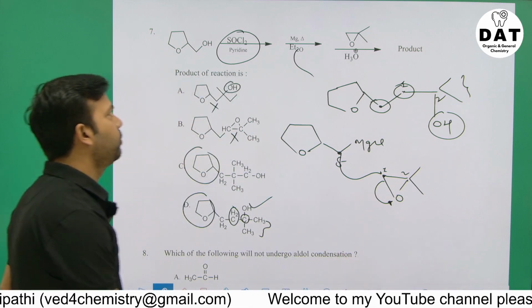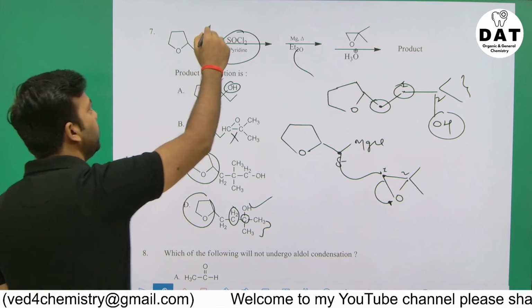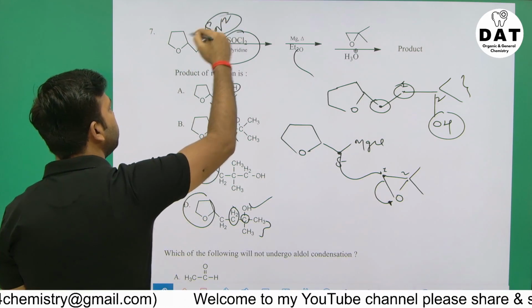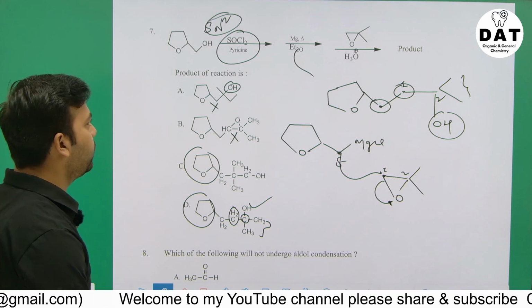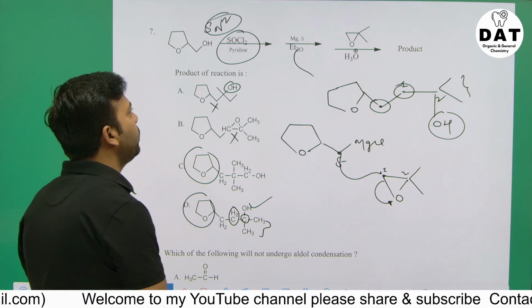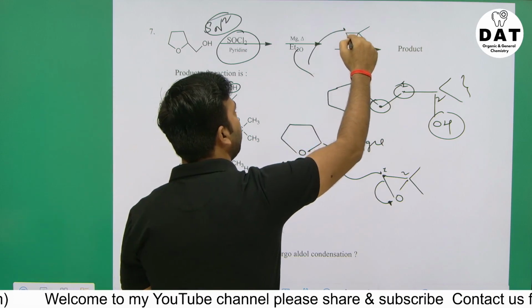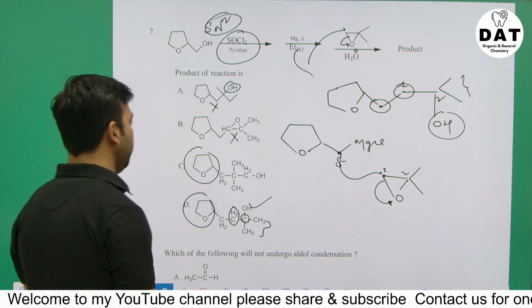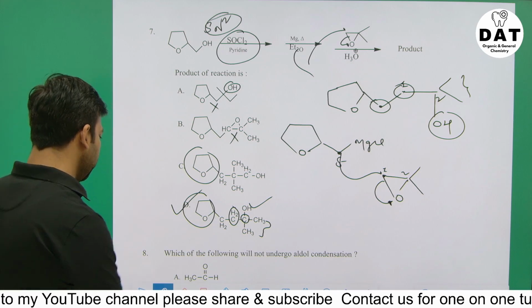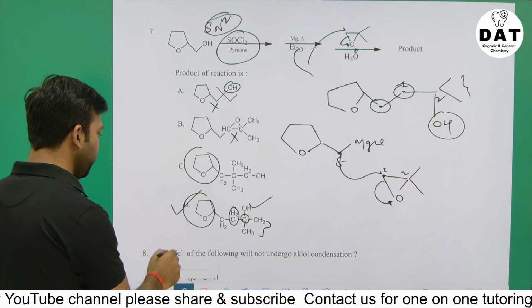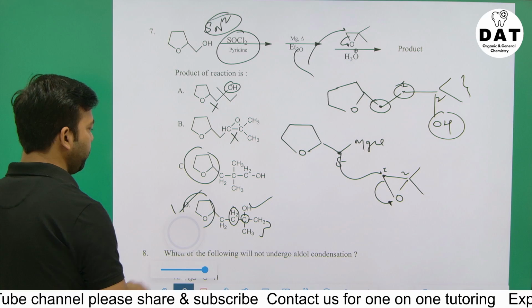Clear? So the first step is SN2. Second step is Grignard, formation of Grignard, and third one is what? Again SN2 type, nucleophile attack over here and this bond is going to break. So the correct choice will be D. Now the next is aldol.